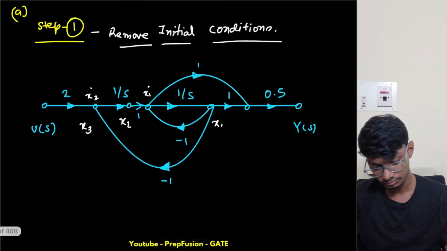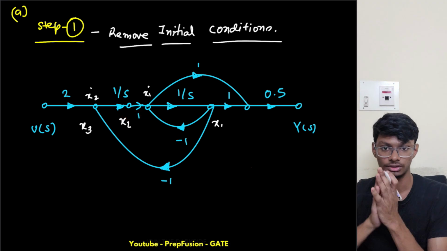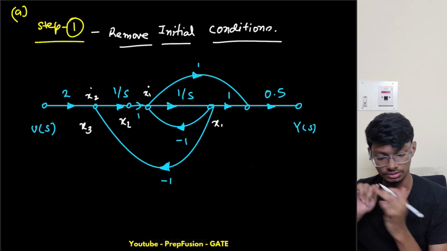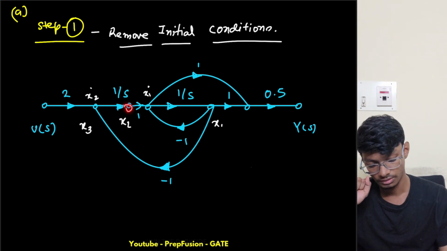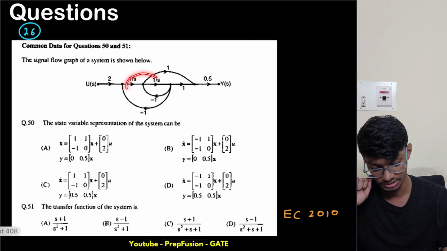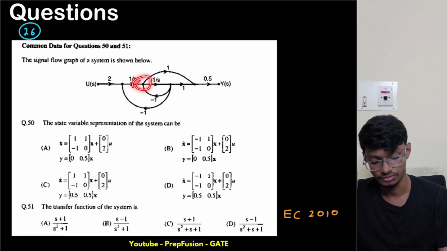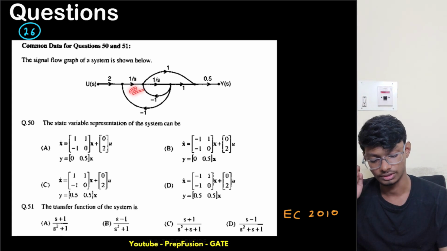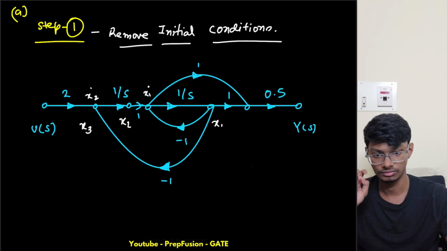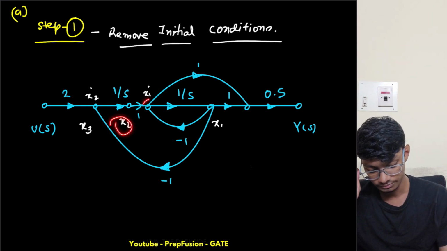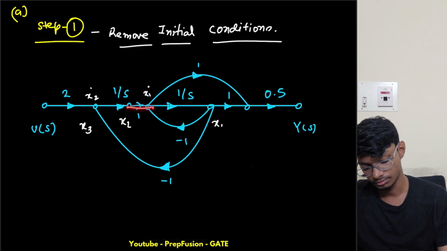What did I do? I took these two separate. Why? Just so that no confusion happens. So x2 will not always be equal to x1 dot. That's why I will write them separately. Even though in the state space diagram they haven't shown it actually here, it's their mistake. They should have shown it. That is one more thing that we need to keep in mind, that always we should have this x1 dot before this.